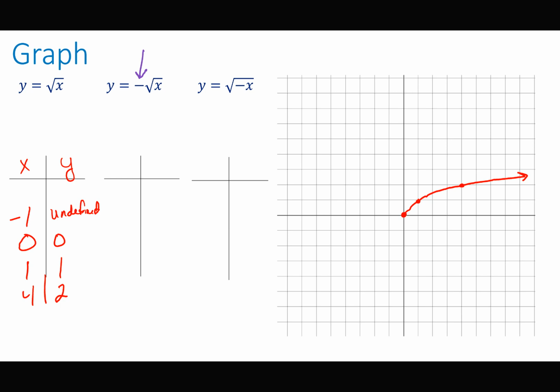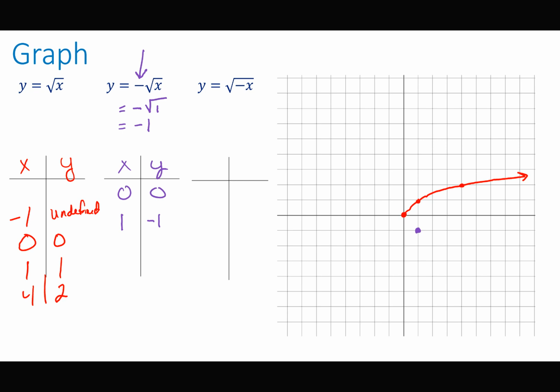And so now we're going to have down here this exact same shape, but it's all going to be down below the x-axis. And we can check that doing some points. So we know 0, 0 is going to be a point. If I chose 1, that's saying negative times the square root of 1, which is a negative 1. So I have this point here of 1, negative 1.